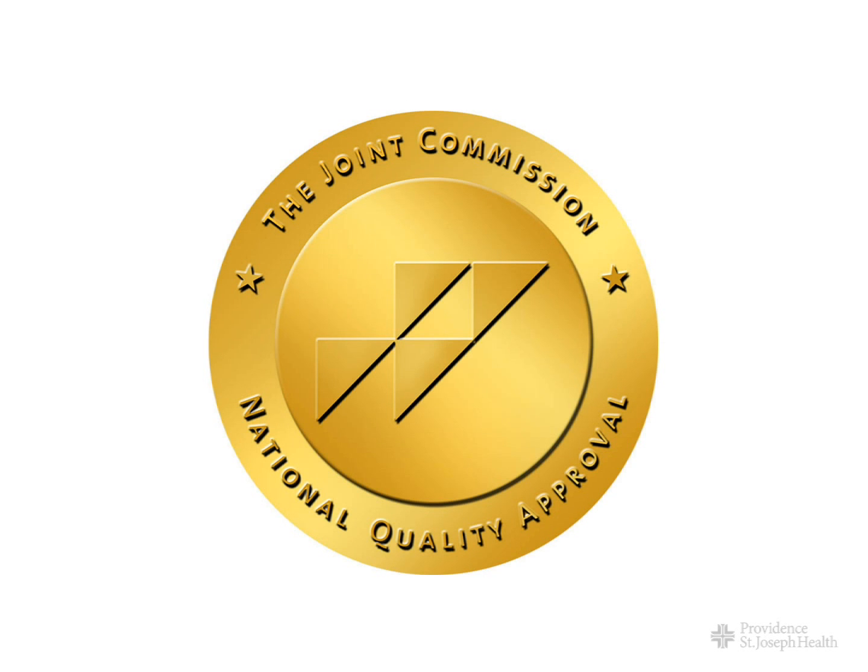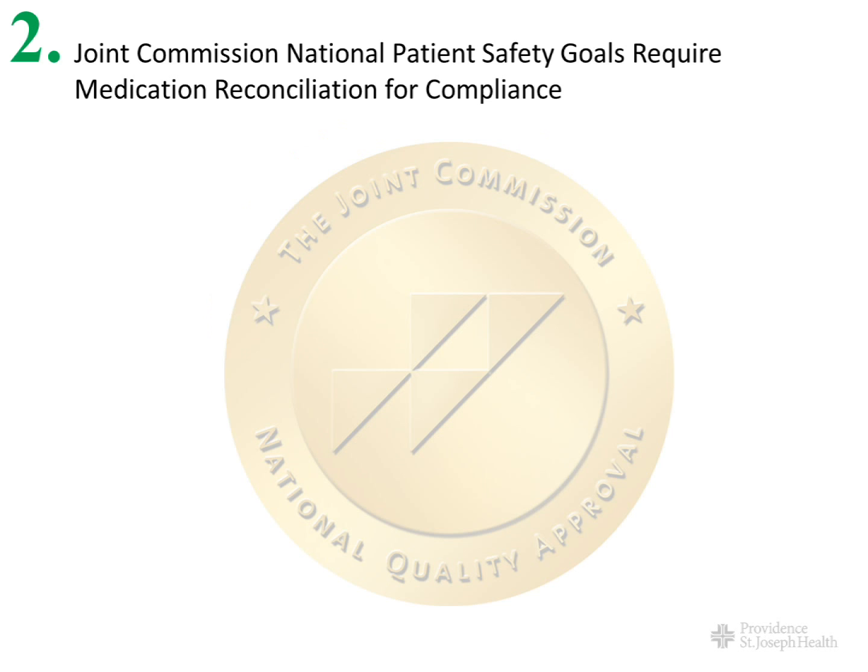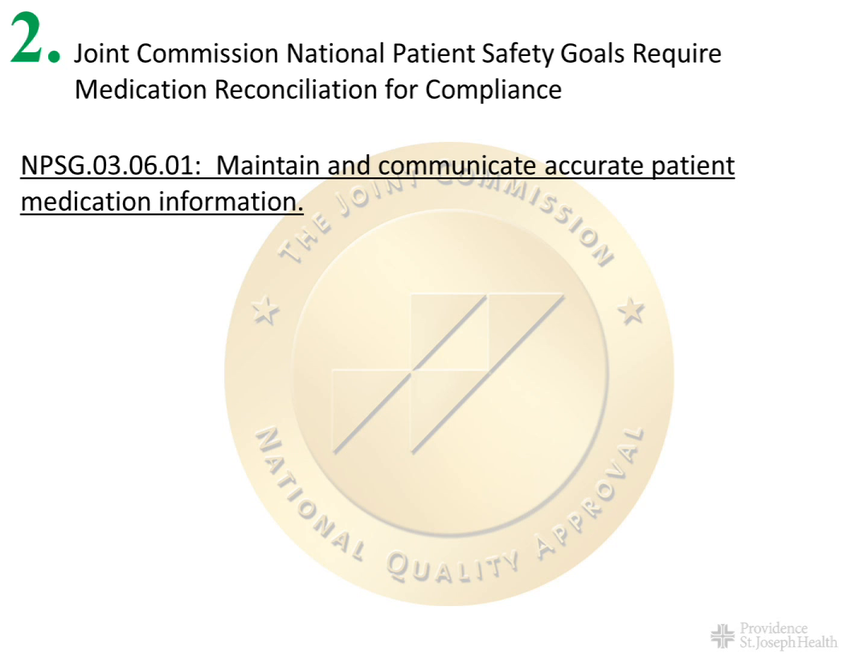And what does the Joint Commission have to say about medications? Reason number 2, the Joint Commission National Patient Safety Goals, or NPSG for short, require medication reconciliation for compliance. NPSG 03.06.01 states that the agency must maintain and communicate accurate patient medication information.